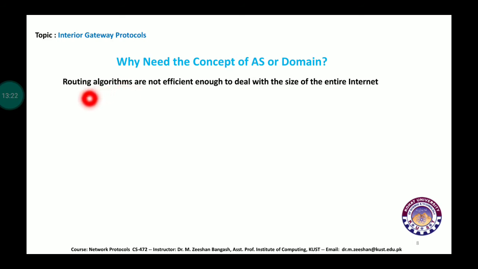A routing algorithm that is capable of managing the entire internet or a large part of the network is not possible. So for that we need the concept of autonomous systems, or we can say that the whole network is divided into subnetworks, or domains, and then each domain may have a different type of routing algorithm, or the same routing algorithm might be executing on each domain.